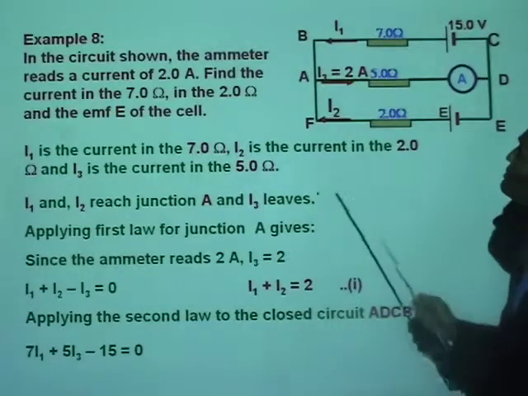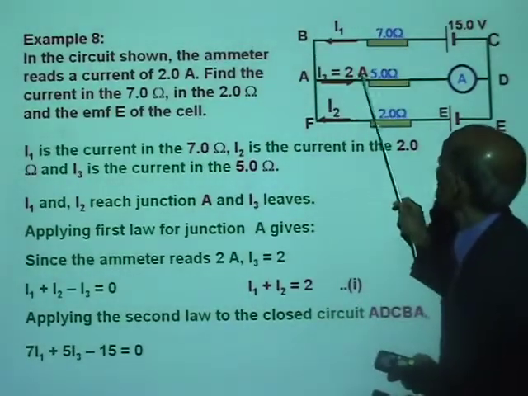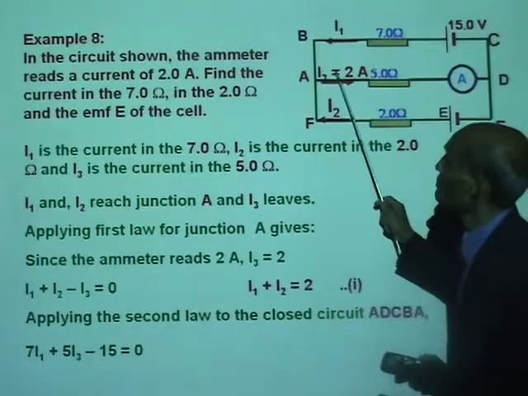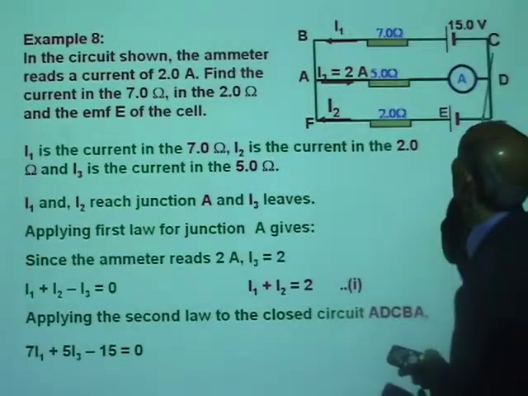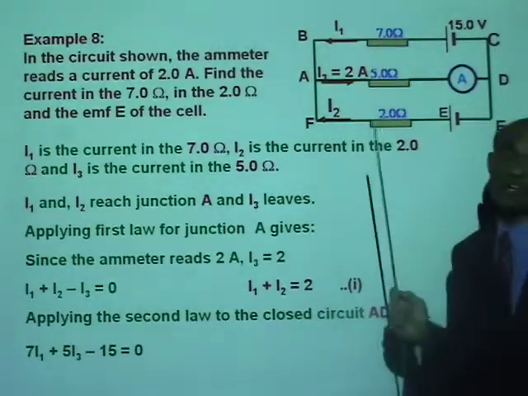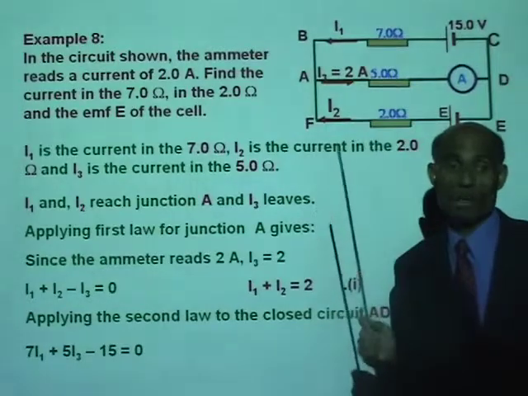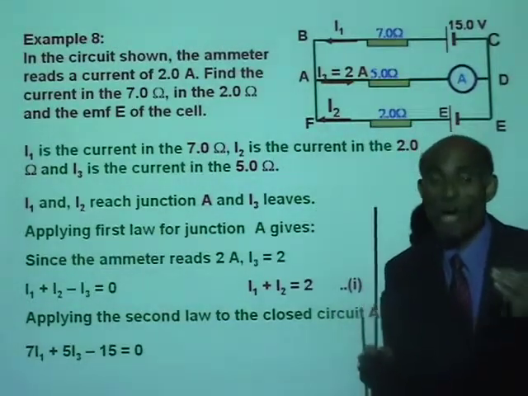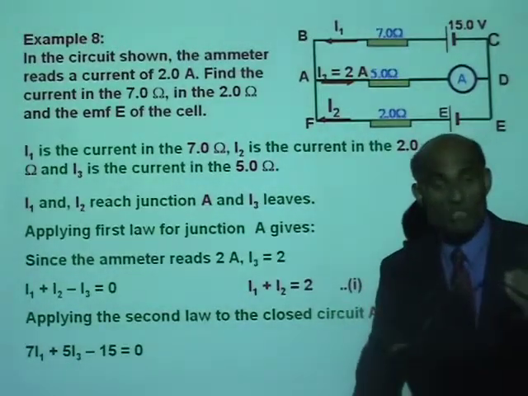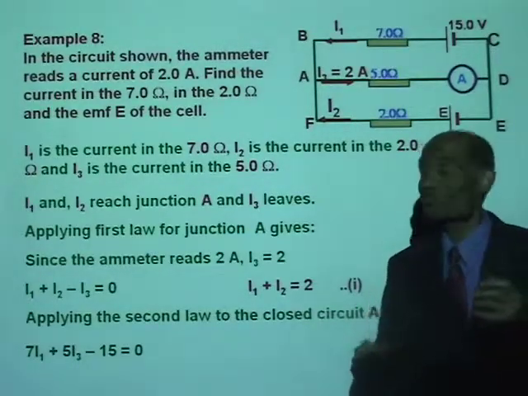Okay, look at the equation I'm writing now. 7I1 plus 5I3 minus 15 equal to 0. Because I know most of you will have trouble here. You see, the potential drop across a resistor will be positive if the direction of the current in the resistor is the same as the direction of the loop.